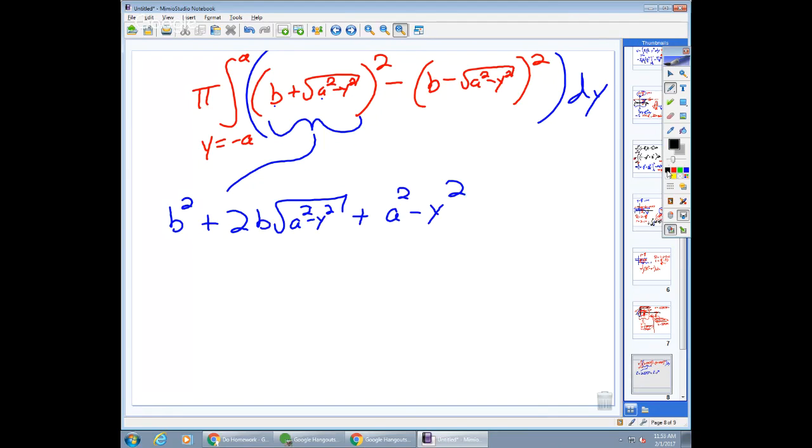Right? So I might as well just write that down. So if I square the other one out, I'm going to get a b squared. I'm going to get, and I'm ignoring that minus for now, I'll put that one in a minute, a minus 2b square root of a squared minus y squared. And then negative times a negative here is a positive. So then I'm going to get plus a squared minus y squared.